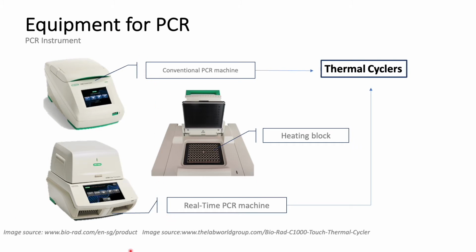Well, both of these, ladies and gentlemen, are capable of providing the required temperature for the reaction. Remember, nag-vary in temperature. You have your initialization, denaturation, annealing, extension. Then you have your final extension pa where the data is being collected by the real-time PCR machine. But thing is, ladies and gentlemen, dito, ang pinagkaiba nila, okay, kaya po nila mag-provide ng certain temperatures for the different steps of PCR.